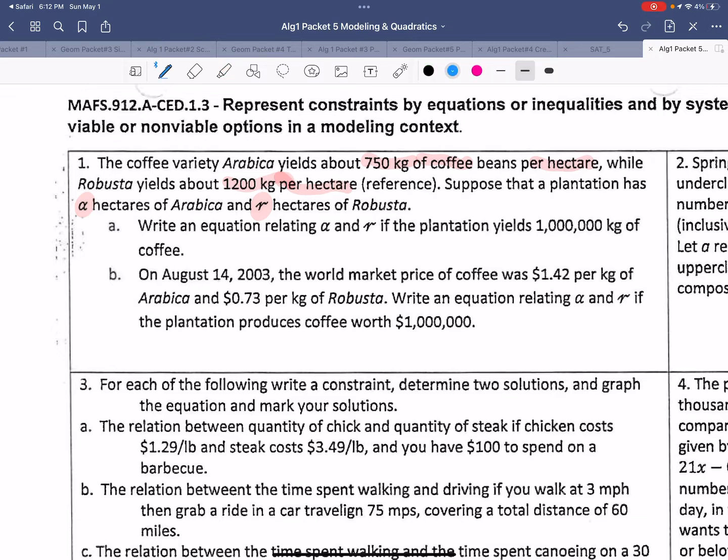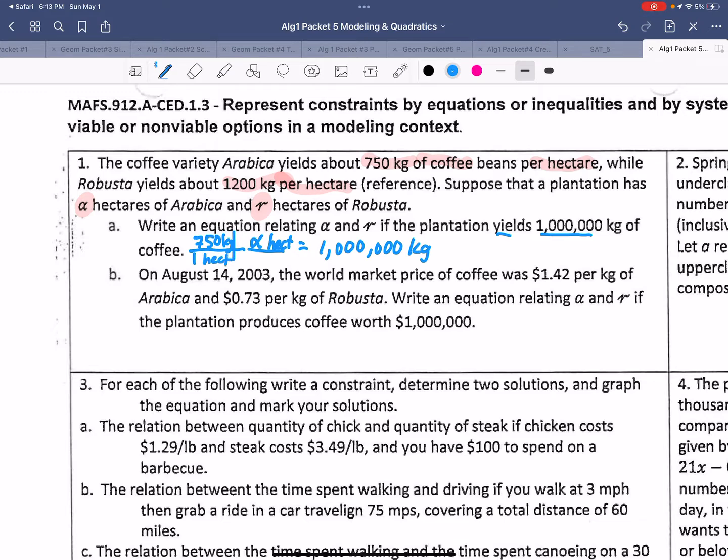Okay, so if the plantation yields 1,000,000 kilograms of coffee, then this would be alpha hectares, right? And we'd multiply against it this first one, 750 kilograms per 1 hectare.